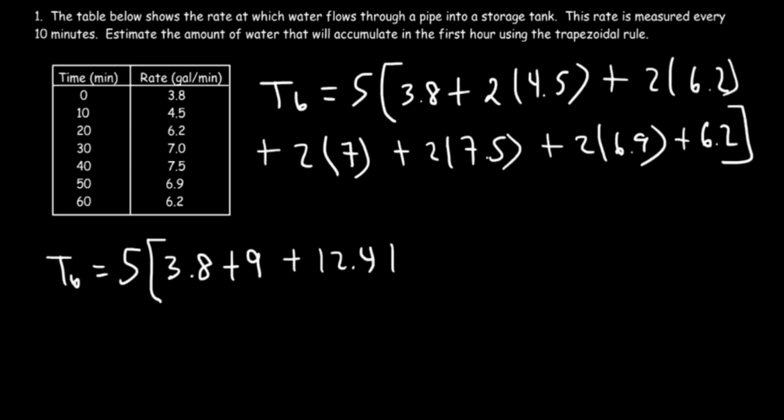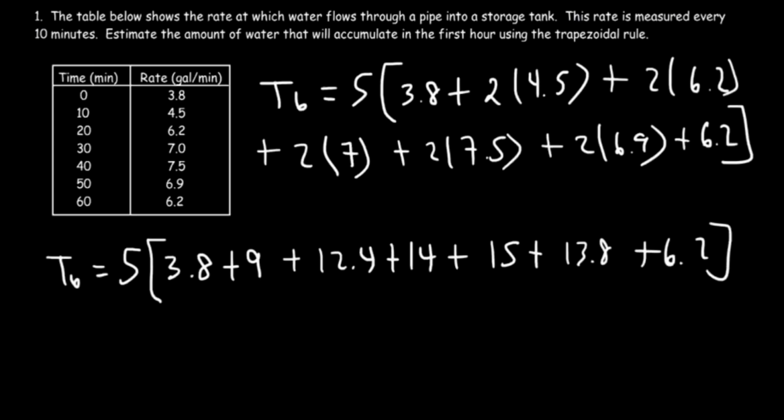We are not going to multiply that by 2. Now 2 times 4.5 is 9, 2 times 6.2 is 12.4, 2 times 7 is 14, 2 times 7.5 is 15, 2 times 6.9 is 13.8, and then plus 6.2.